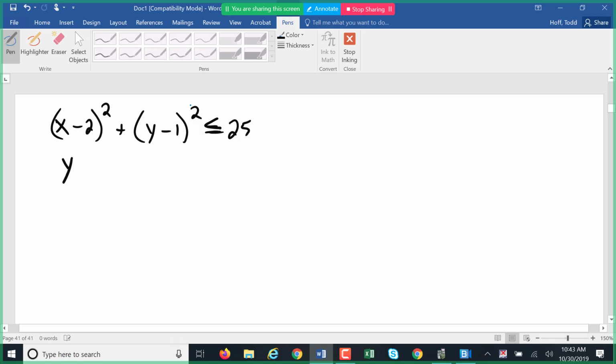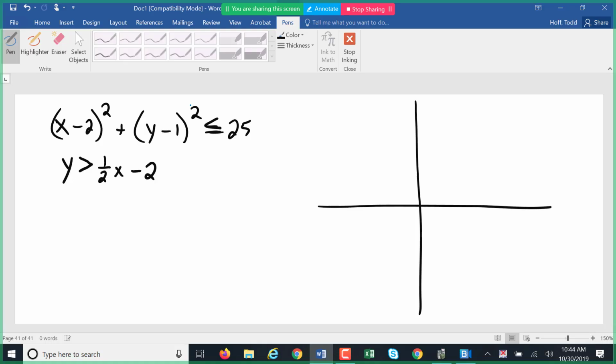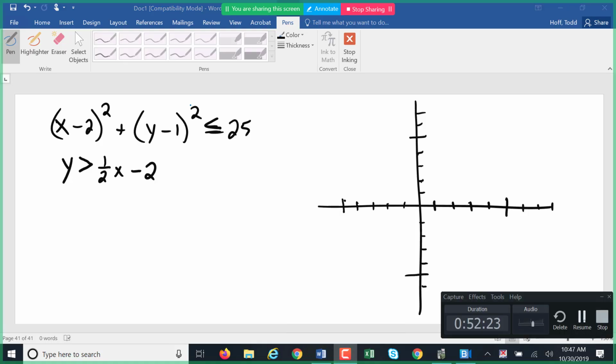And y is greater than 1/2 x minus 2. Graph each of those inequalities, find the overlap, find the solution to that system of inequalities. I'll give you a few minutes and then we'll go.